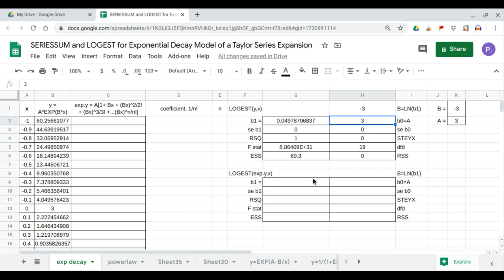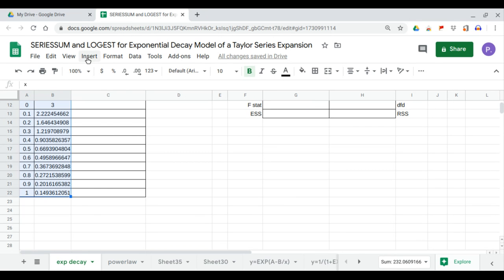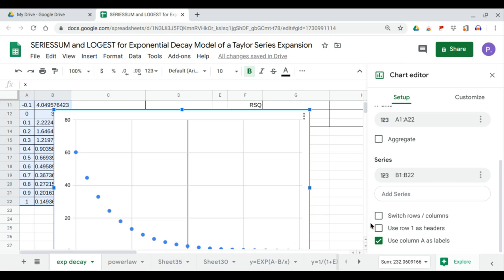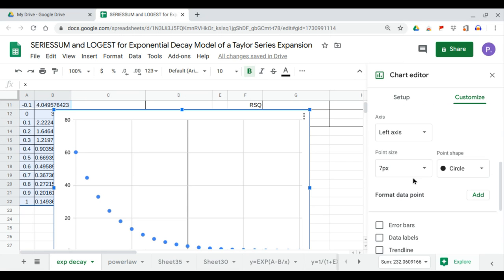Next, we will show this in the chart. Insert chart. And we'll show the trendline equation in the exponential form.